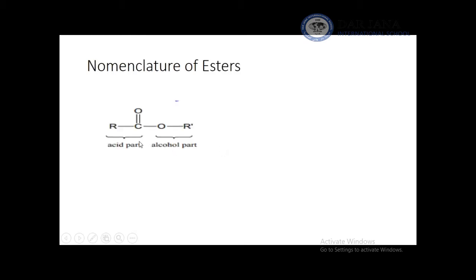So we can say that an ester contains two parts, the acid part that came from the carboxylic acid and the alcohol part that came from the alcohol. Remember that the alcohol part is always connected to the oxygen here. So let's learn how to name esters.